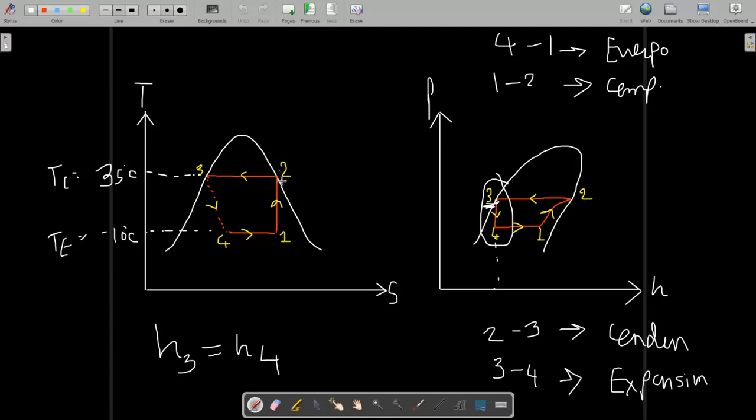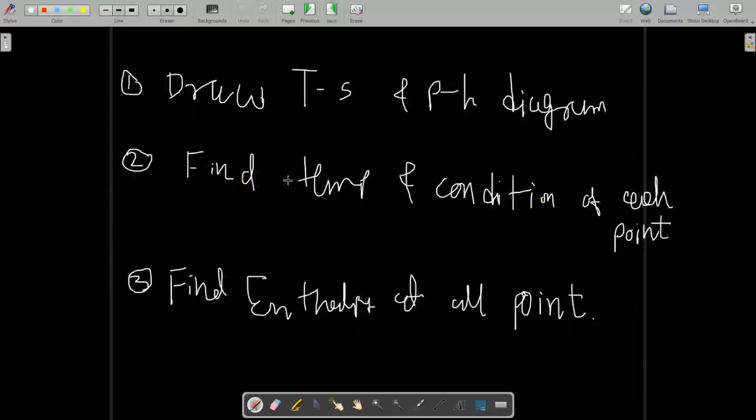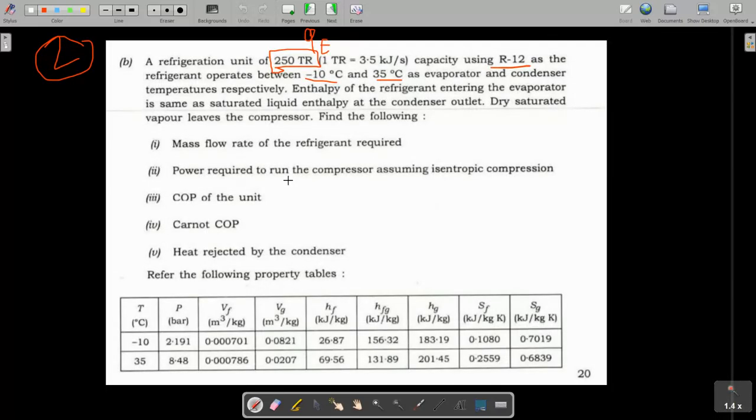I hope you know how to draw this and how all this process came, because these are all basics and you have studied them in your first year, so I'm not repeating this. We have to find the following things. First is the mass flow rate of the refrigerant required, then the power required to run the compressor assuming isentropic compression.